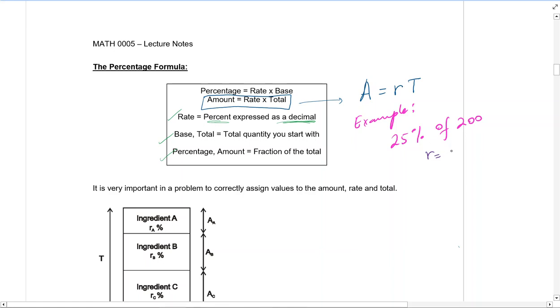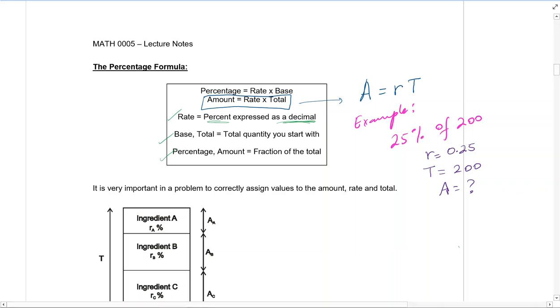So 25% in decimal form is 0.25, and the total amount is 200, and we're trying to figure out what is 25% of 200. It means you're looking for the amount, the percentage amount.